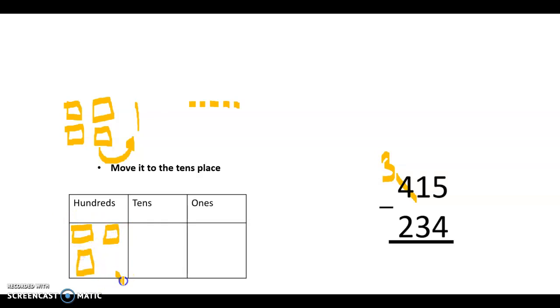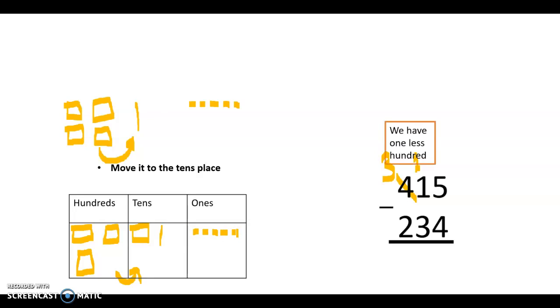And I'm now moving that 100 over here with the 10 that I already have. I'm sorry, I've moved my 100 over here to the tens place, and I still have my 5 ones.